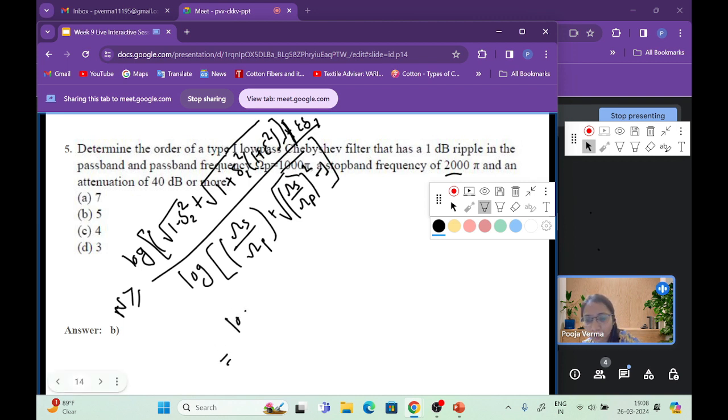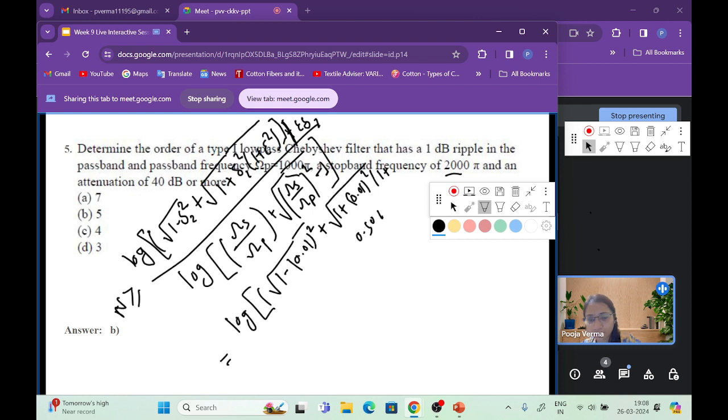Okay, so log of the bracket root of 1 minus delta 2, delta 2 is given as 0.01, squared, plus 1 plus delta 2 squared, that is again 0.01 squared, in multiplication with 1 plus epsilon squared, epsilon we will get 0.5088 squared, bracket closed, divided by epsilon delta 2.